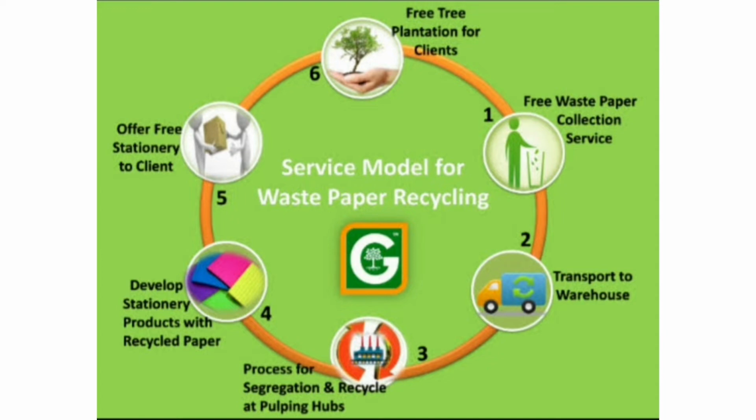Then they develop sanitary products with recycled paper, and then free sanitary or stationery products go to clients, along with free tree plantation for the clients. That way the service model can be held. So first we are discussing the recycling of the paper waste.